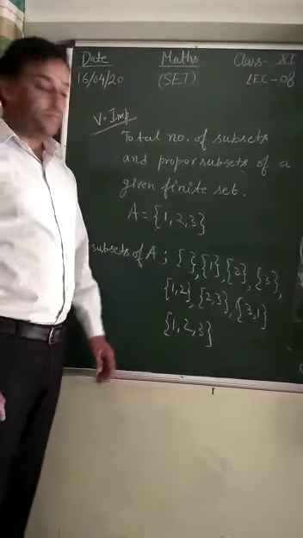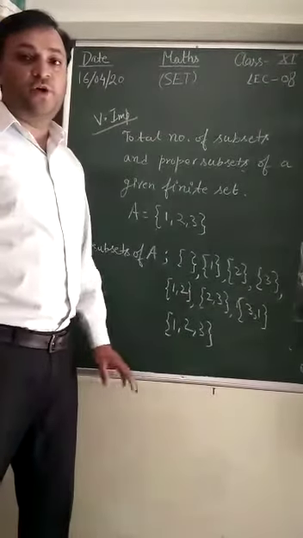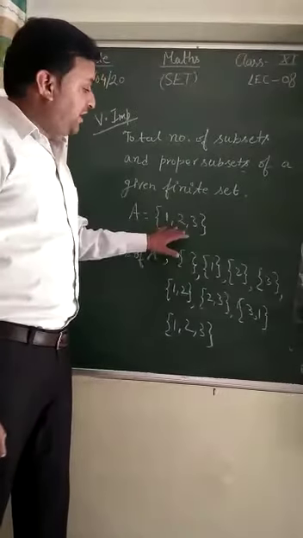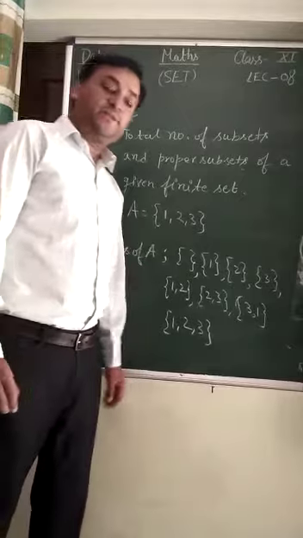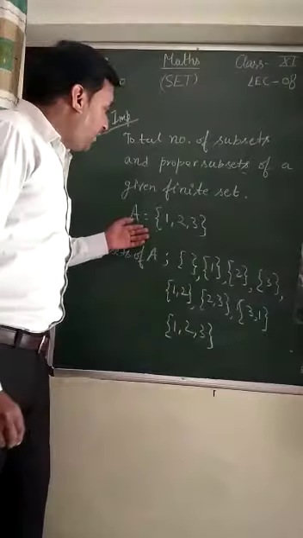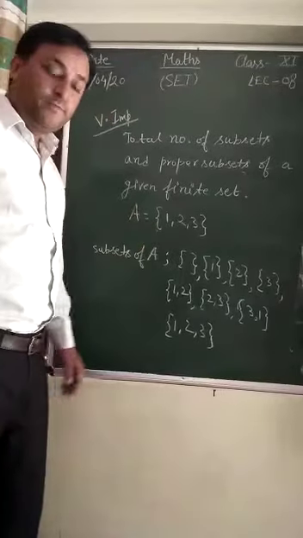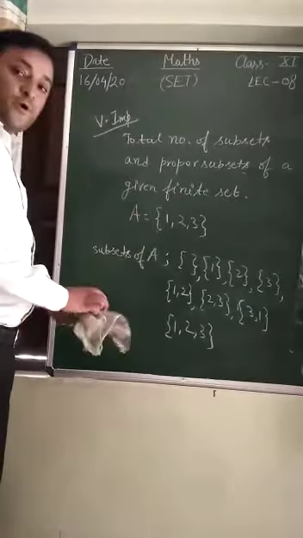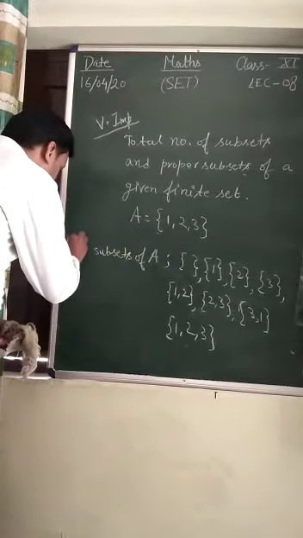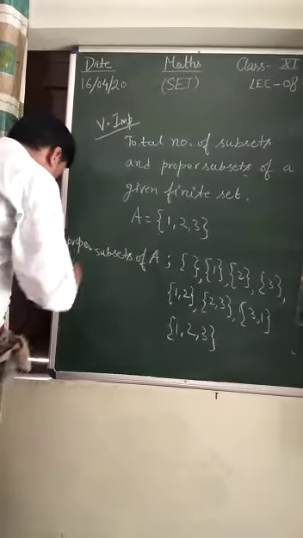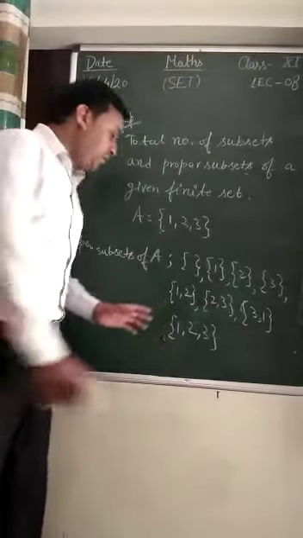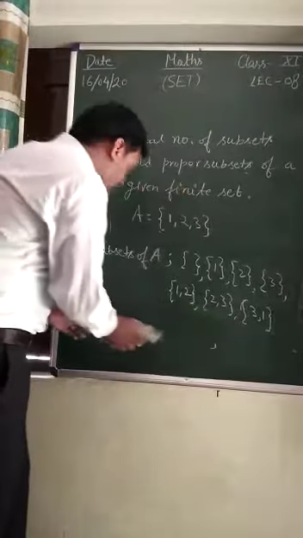There are 8 subsets of this set A containing 3 different elements. Now students, if you have to find the total number of proper subsets of this set A, how can we write the proper subsets? In the definition of proper subset, we erase this one.